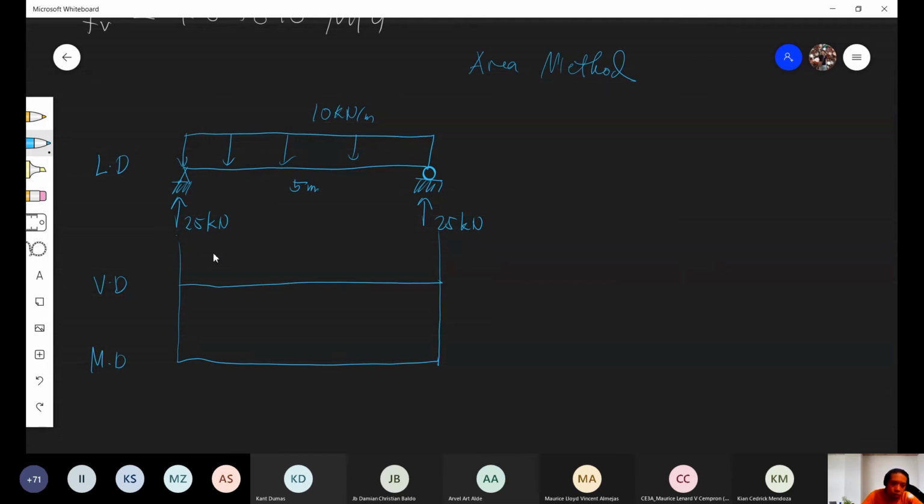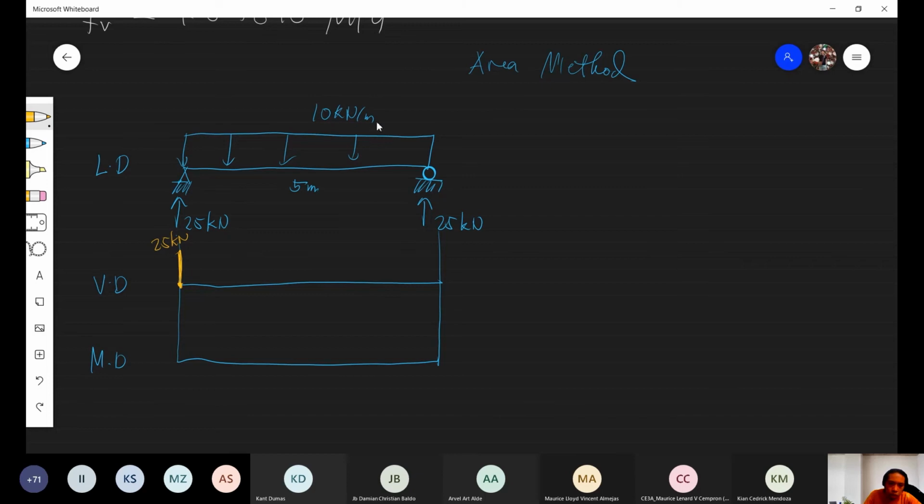So from the support, from 0, it suddenly jumps to 25 kilonewton. That's because of the force, the point load there. Okay? Point load.